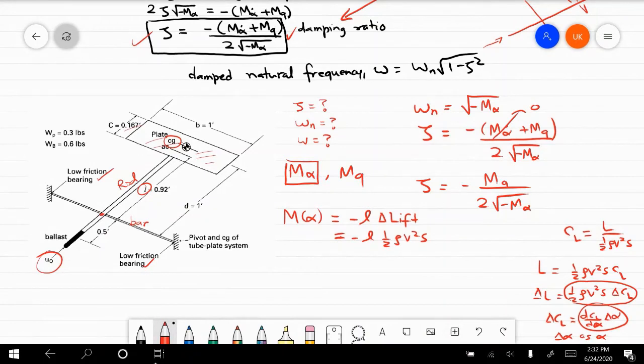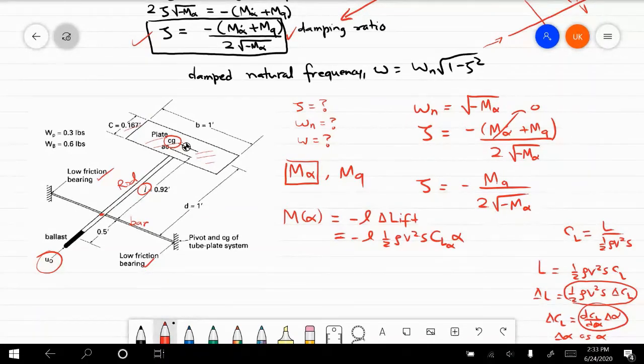Now delta CL will be written as dCL d alpha times delta alpha. Now dCL d alpha, we can write as a shorthand notation, CL alpha times alpha. So in this way the change in moment depends on the change in the angle of attack. I removed the delta because, as I said, we are dealing with the change, and it's understood. Not going to overcrowd the text here.